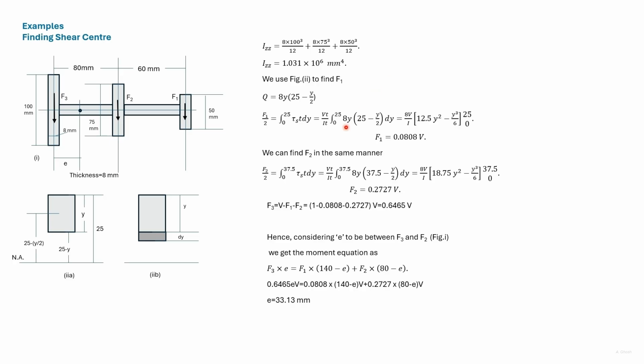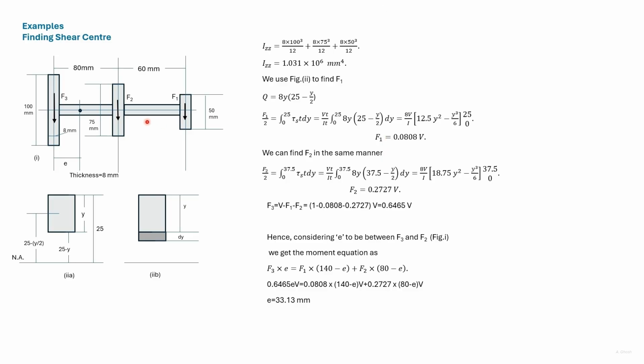Here we have written 8V divided by I. Now integration of 25y is 12.5 y square, and integration of y square by 2 is y cube by 6. Substituting y as 25 and I from here, we get F1.